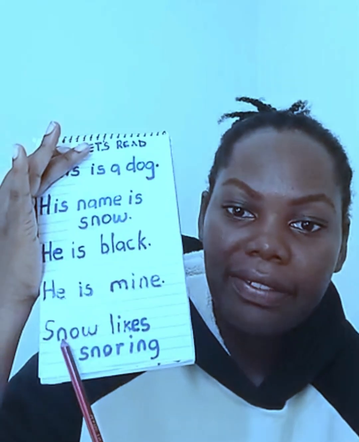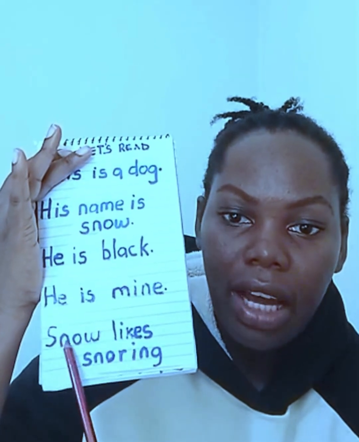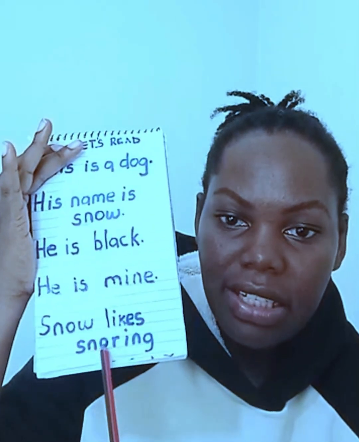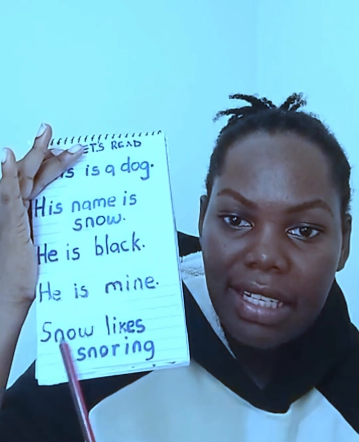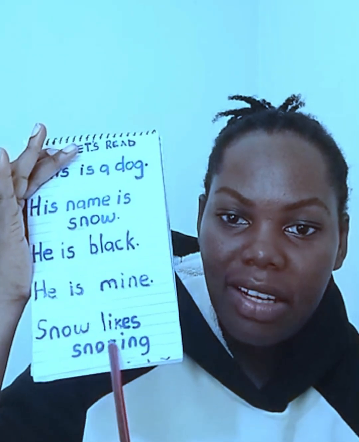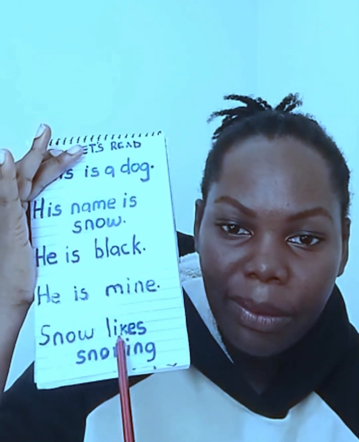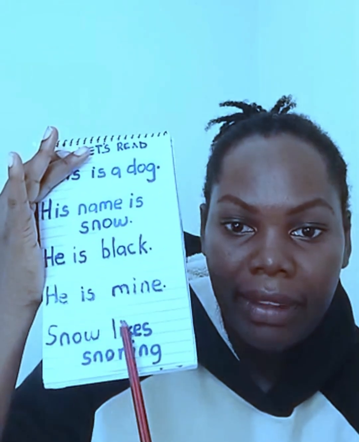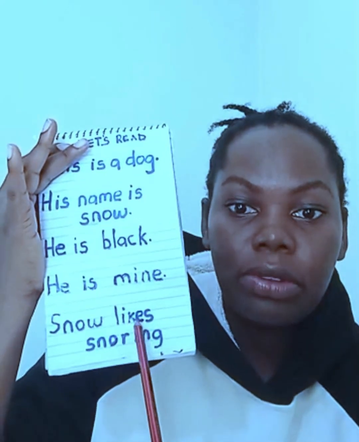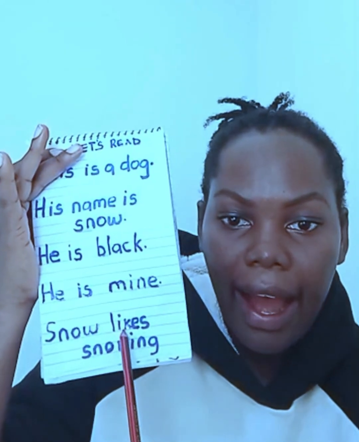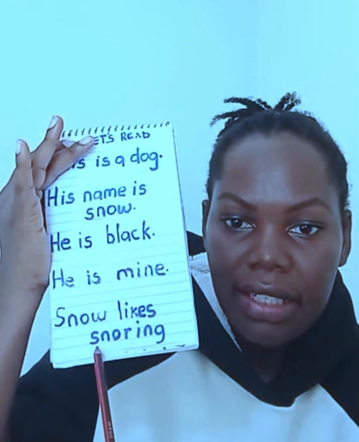And lastly, we have this sentence that says, "Snow likes snoring." So we see this word likes comes from the word like, to like, and it follows the silent e rule also. Likes. Snow.